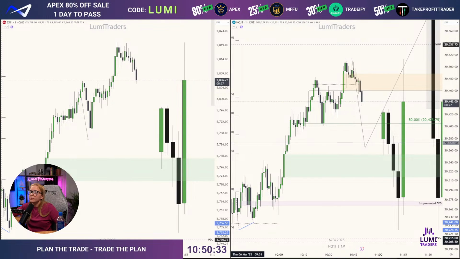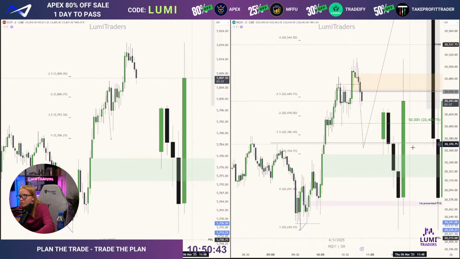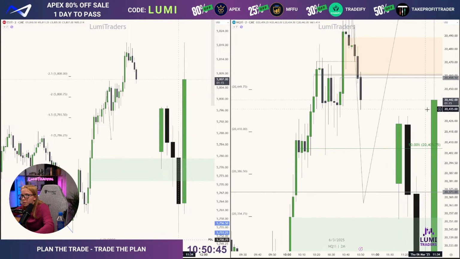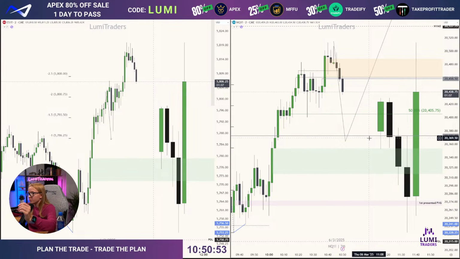Looks like, let me see. Maybe I'm blind, which is also possible, but okay, on NQ we inverted. Not on MNQ. Okay, at least on NQ. What about the retrace right here? Just asking.